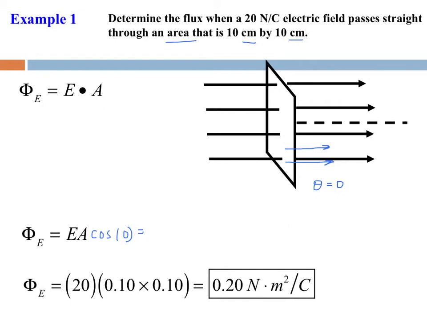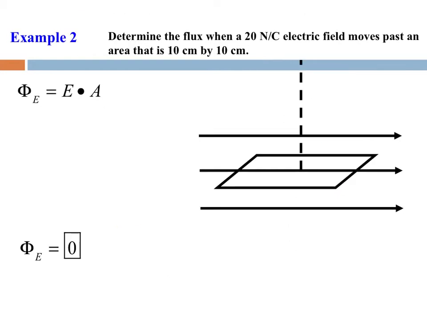In this example, you're asked to determine the flux when a 20 Newton per coulomb electric field moves past an area that is 10 centimeters by 10 centimeters. Again, this doesn't tell you the direction that the area is oriented in this electric field, but you are given a picture in this case. Now, the normal vector is going straight up, and our electric field is going to the right.